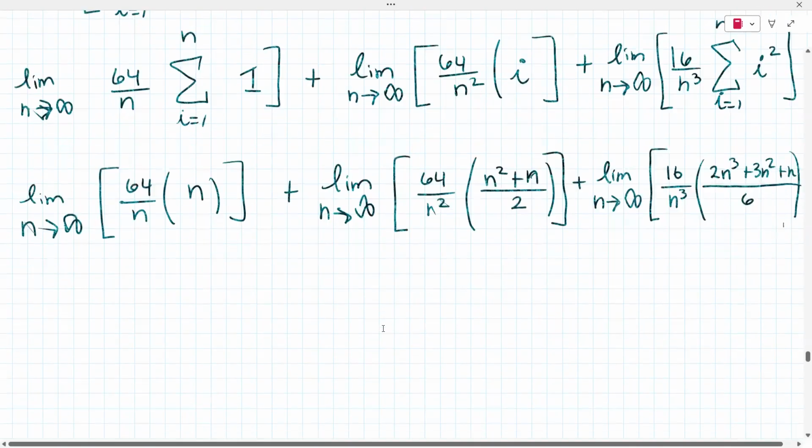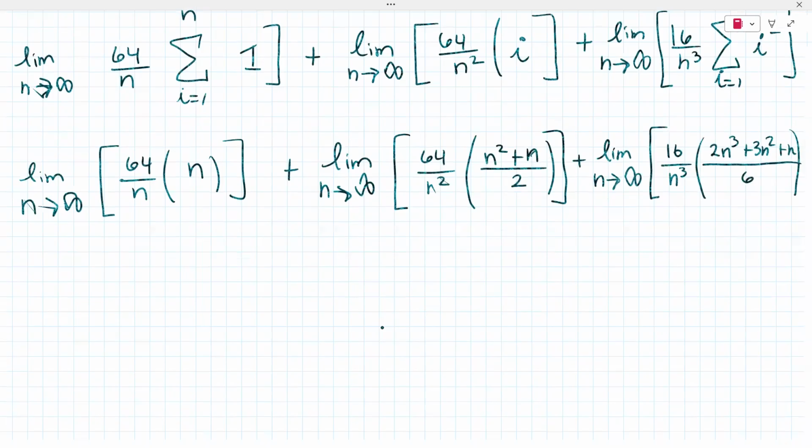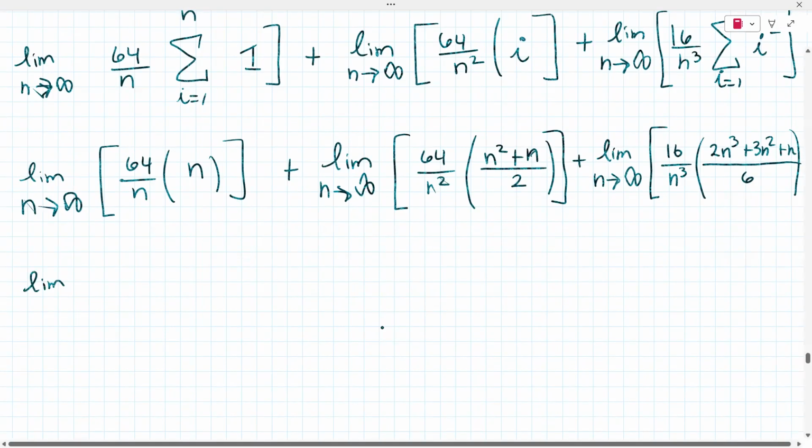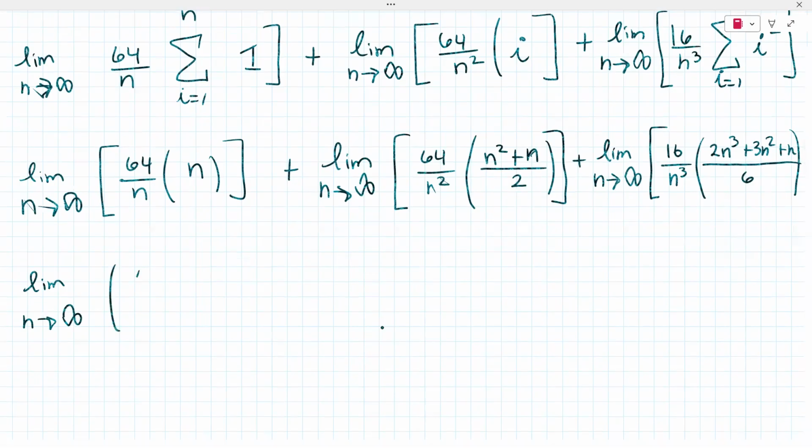Okay, and then just FOIL it out. So this is going to be the limit as n approaches infinity of 64n over n, plus the limit as n approaches infinity.